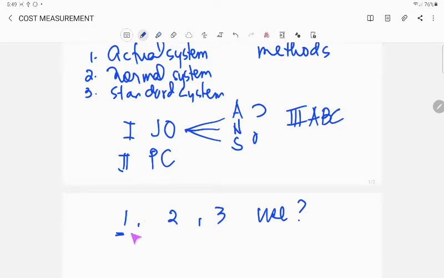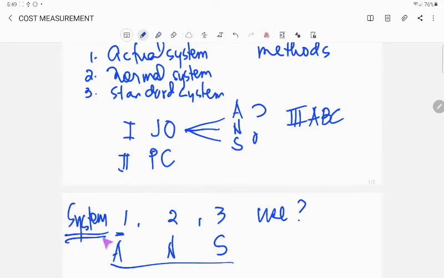Kung ang gagamitin ko ba ay yung actual, yung normal, or standard. That's the answer. Pero pag system ang ginamit natin basis, mas madalas kasi iba yung lumalabas pagka sinabi mong costing system.